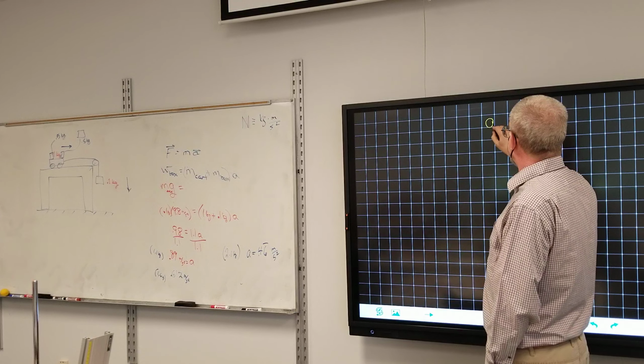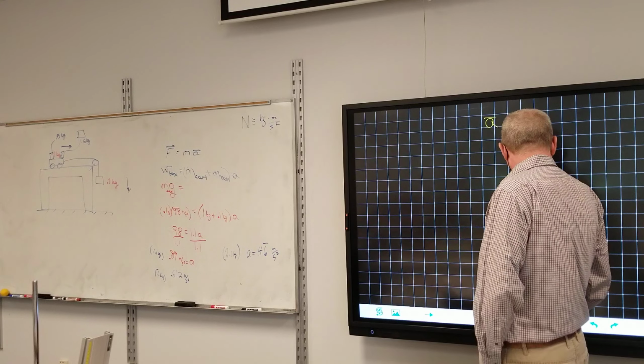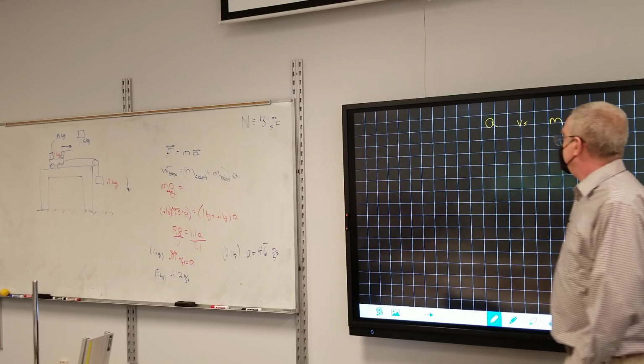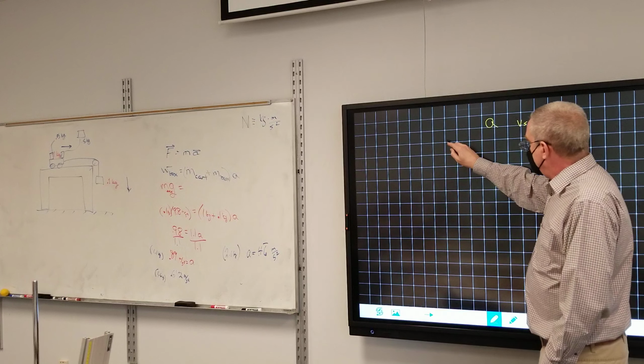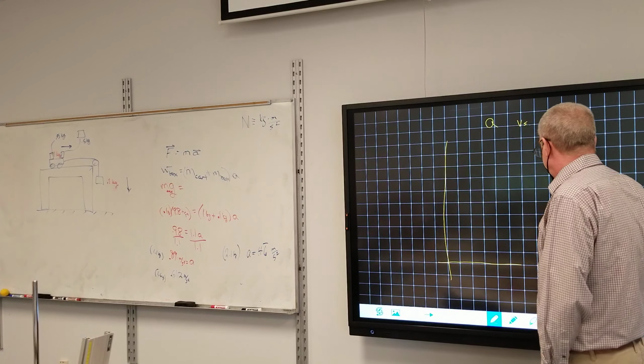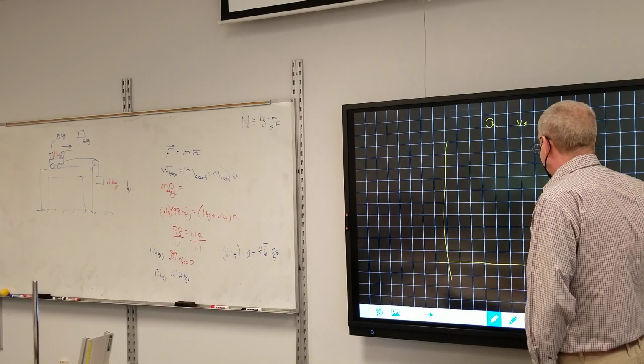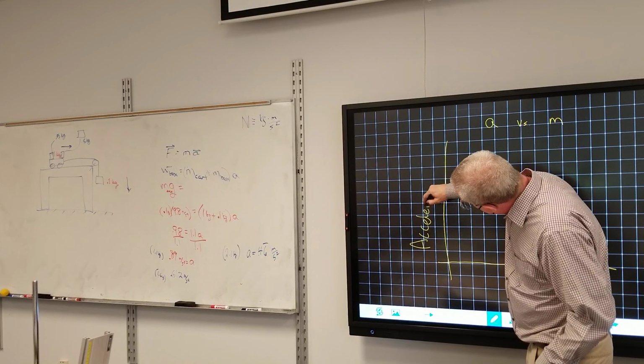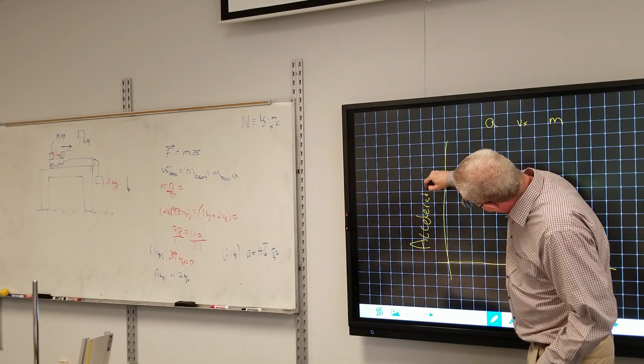So I'm plotting the magnitude of acceleration versus mass. Delicately drawn. This is my acceleration, in units of meters per second squared, and then mass in kilograms.